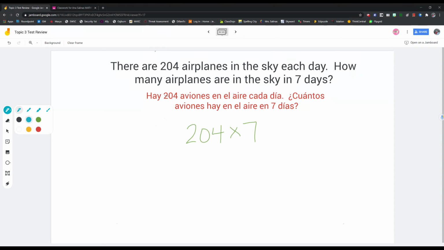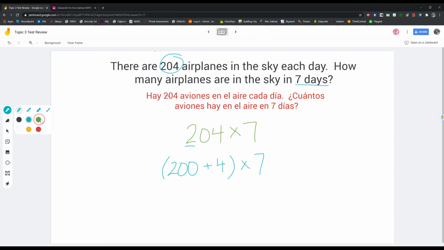So which number do I break apart? The larger number. I'm going to break apart 204 into 200. Why? Because there's a 2 in the hundreds place. And there's no 10s, so I'm going to skip the 10s. There's a 0. And the 4 for the ones. Times 7. Why 7? Because that's the number of days.